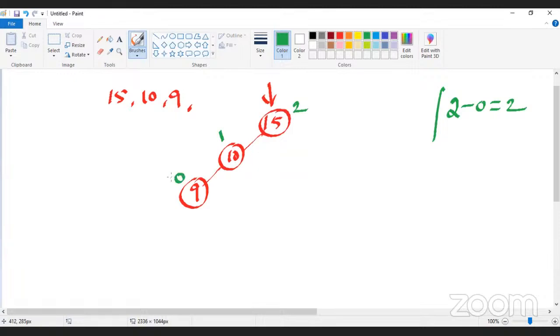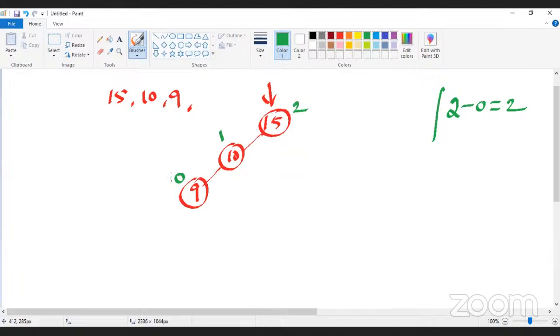So for a BST to become an AVL tree, every node should follow the balancing factor criteria. But here 9 and 10 are following the AVL tree criteria, but not 15. To make this an AVL tree, we should do some operations. Those operations are called rotations in AVL trees.